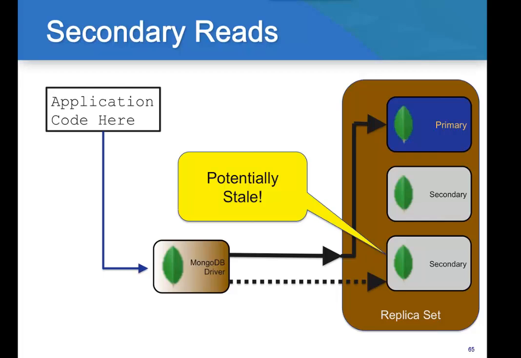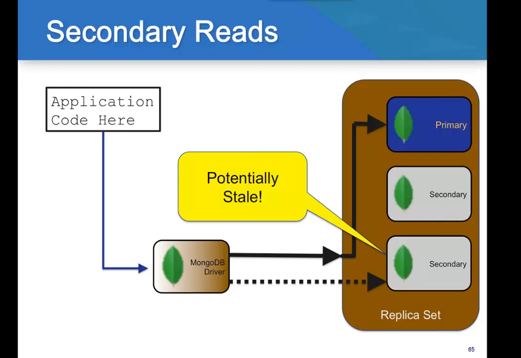That node may lag by seconds. It may lag by minutes. I did see lags in the multiple hours. And what that means is the data on the secondary node is potentially stale. It's potentially out of date. It may have been updated on the primary and not yet made it to that secondary.